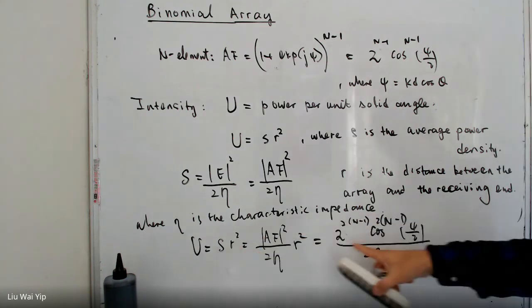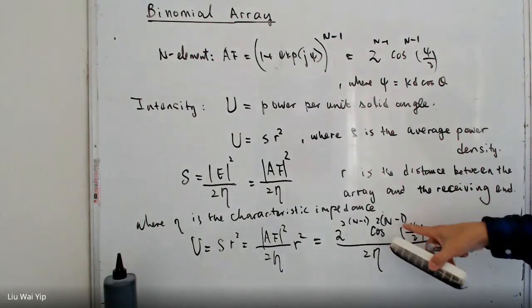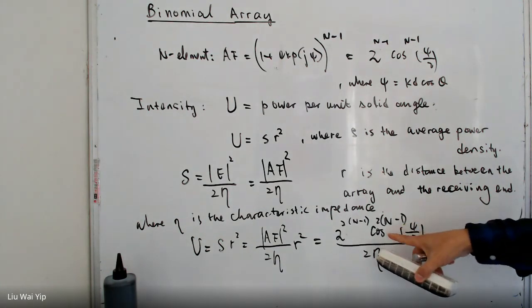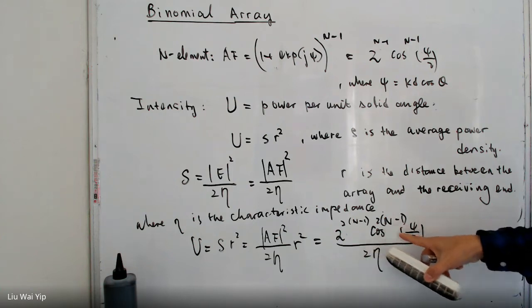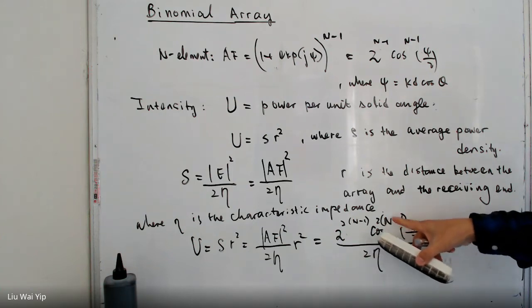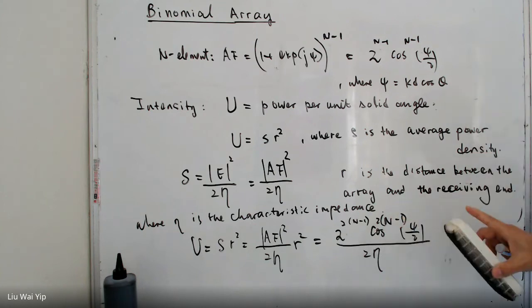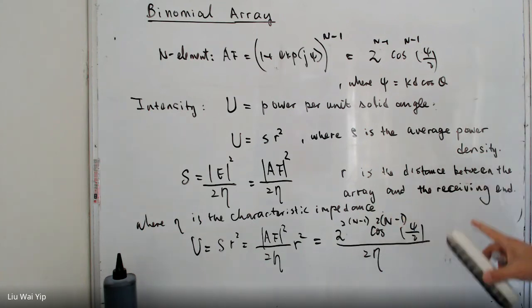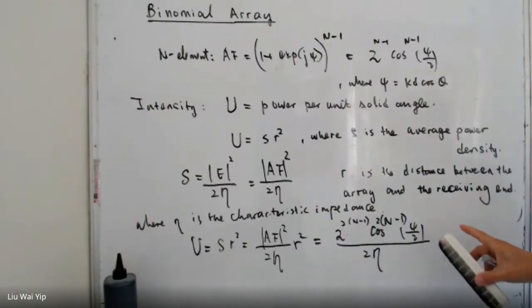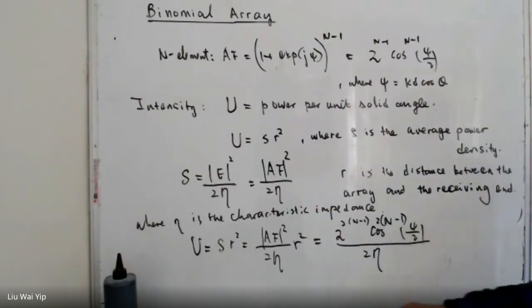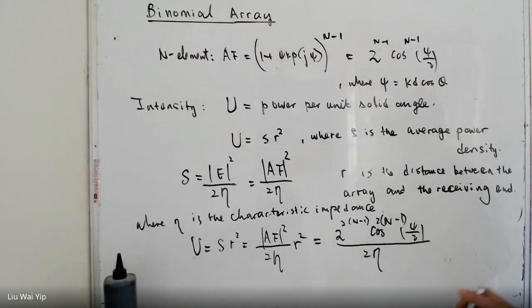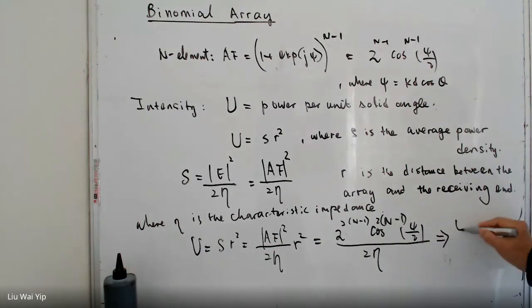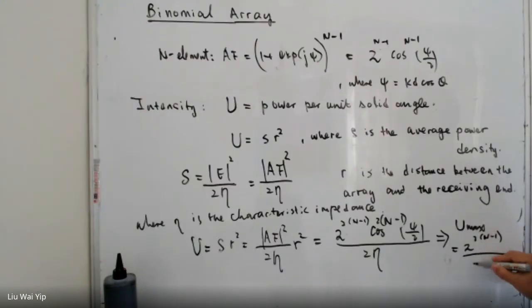U is equal to this amount and cosine of this function. And we know that the maximum value of cosine of whatever degree is 1, just like any other trigonometry function. So we know, based on the information here, U max is equal to this amount, 2n minus 1 divided by 2 eta.